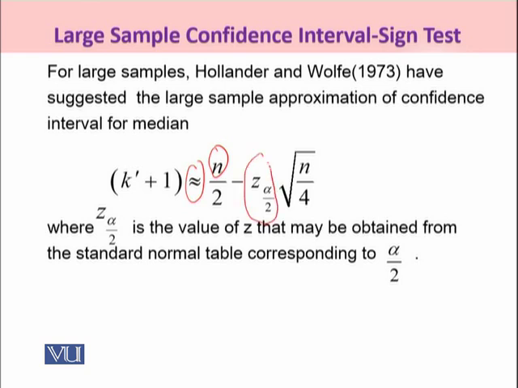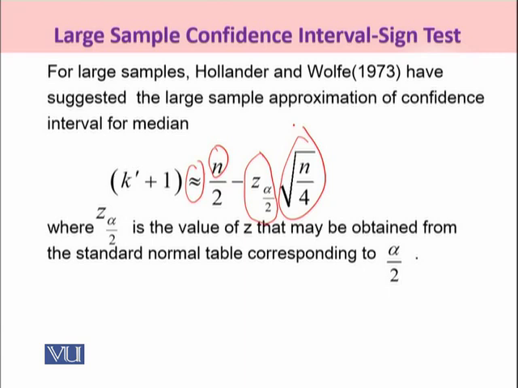It is the value of z that we can obtain from the standard normal table corresponding to the alpha by 2, where alpha is the level of significance, that is also known as the type 1 error, multiplied by the square root of n over 4. So Hollander and Wolf have suggested that whenever there is a large sample, we can estimate the unknown value of the population median using this particular formula.